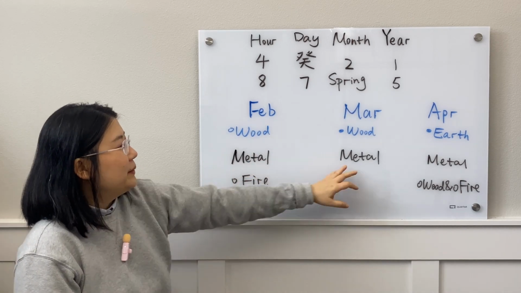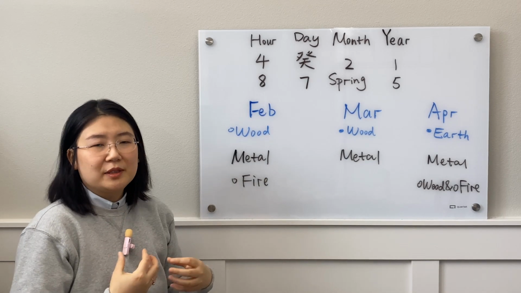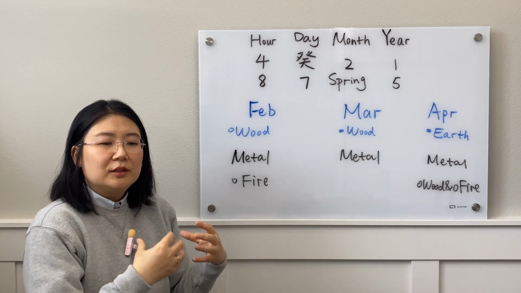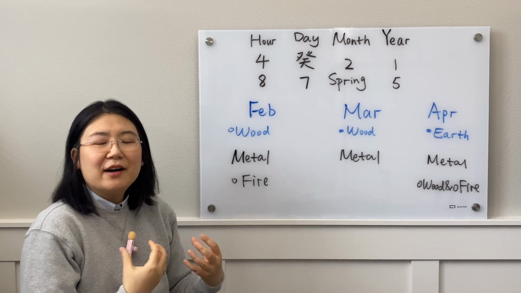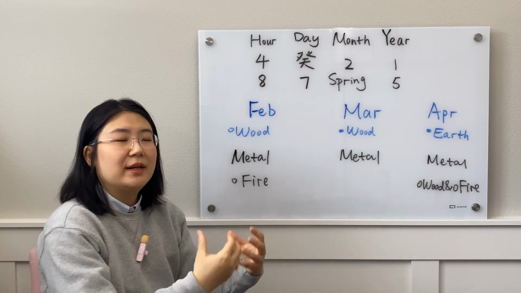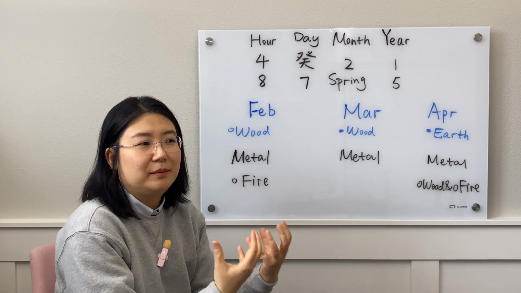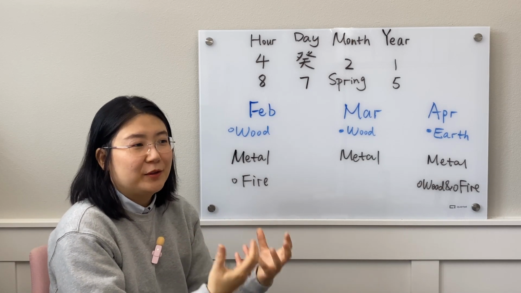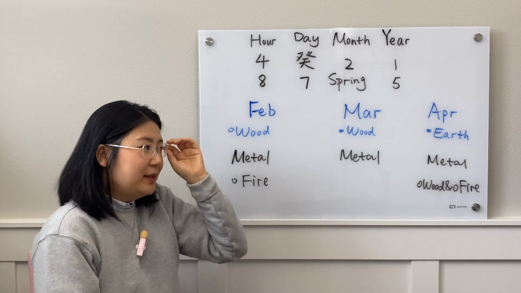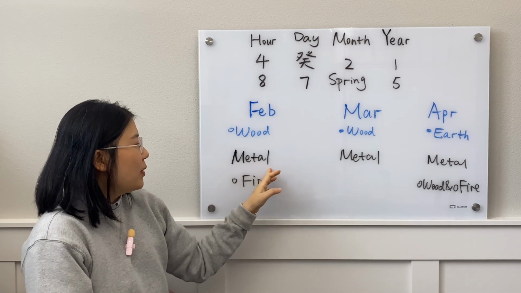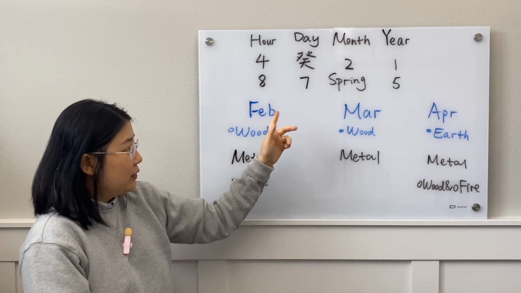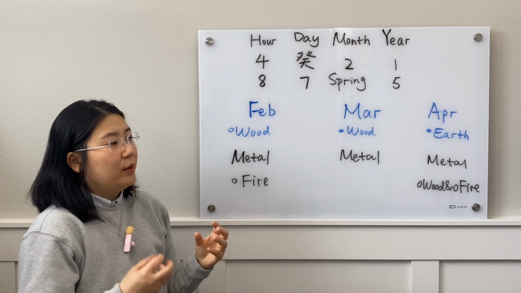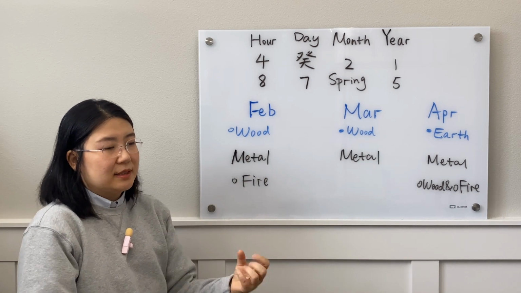So I want metal, because metal supports and grows water, to make sure that I have enough energy to grow and support the talent or my ideas, my freedom or creativity. So that's why you want to see a strong and powerful metal in your chart, because that will make your Bazi in a more balanced state.